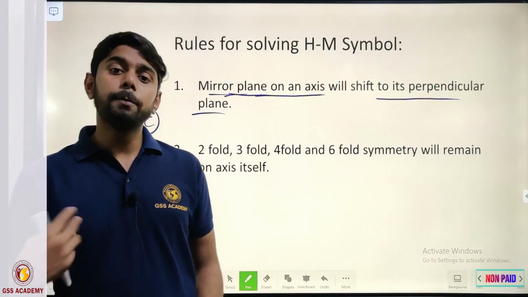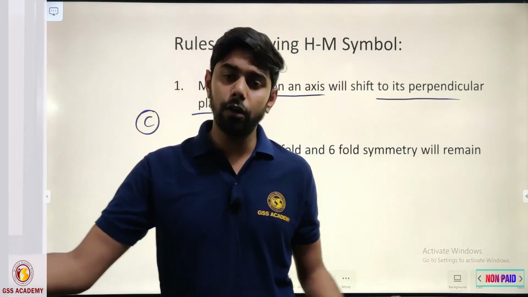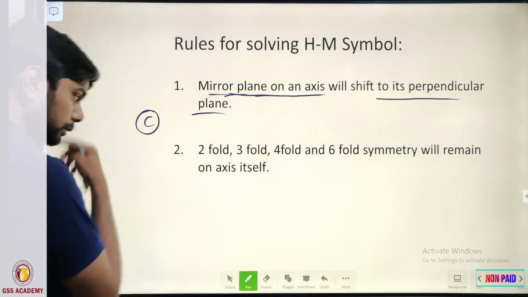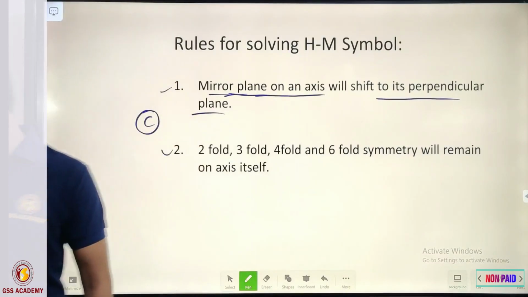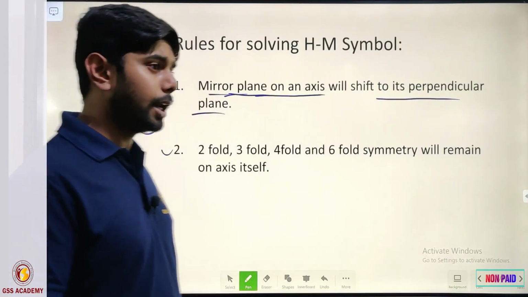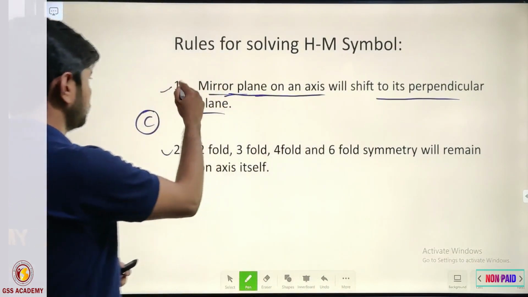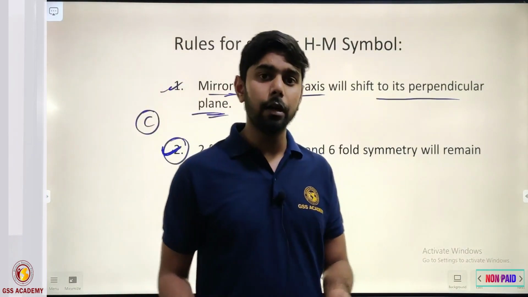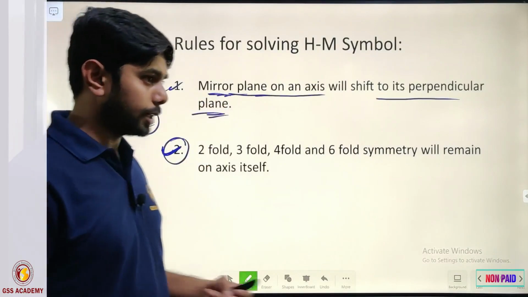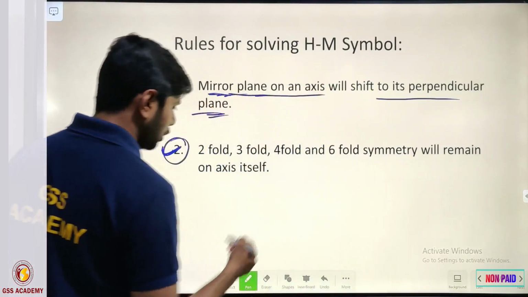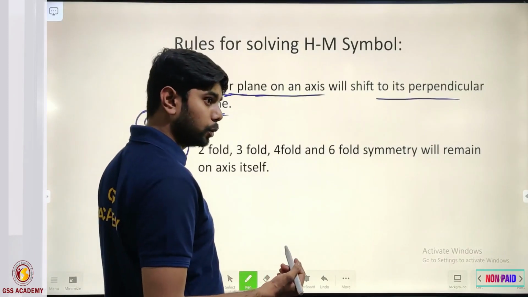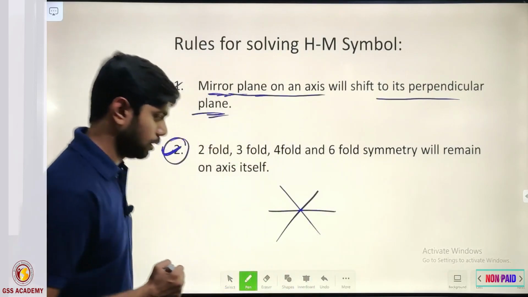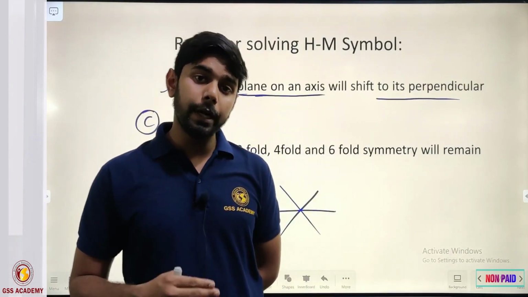And the symmetry, which is twofold, fourfold, sixfold, or threefold, will always be present on the particular axis itself. So I think you need to read these two rules and write them down somewhere. Most people get confused at this point, because in the hexagonal system the mirror planes are not perpendicular to the axis, because in the hexagonal system we have three axes, and these three axes are not perpendicular to each other.